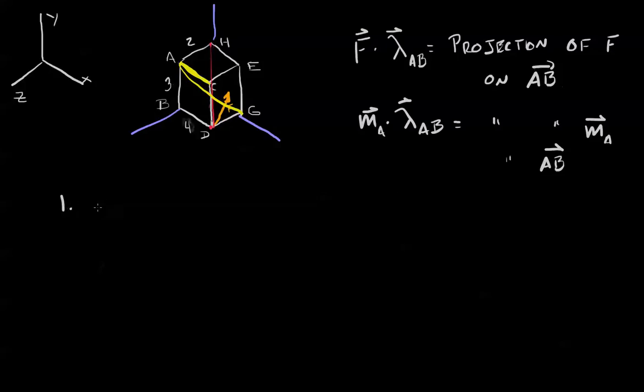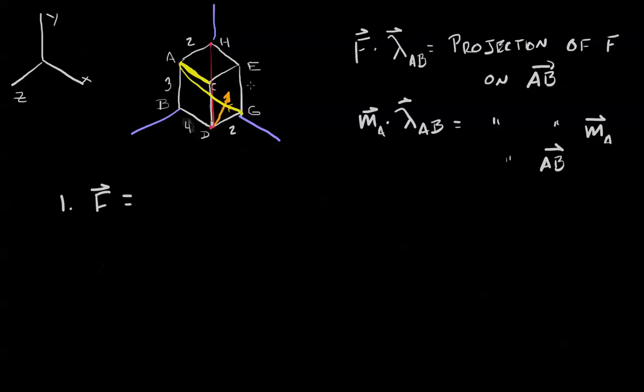What is F? What is the vector? Well, we know that the overall magnitude is F, and we know that it's acting in this direction plus this direction. This direction is 2.